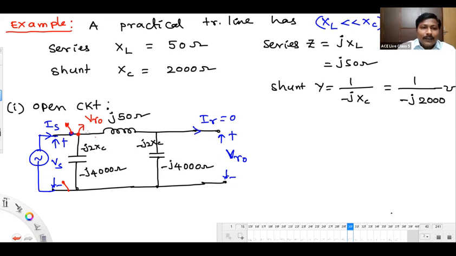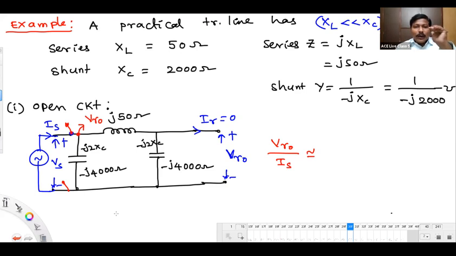Next thing. Listen, please. What is VR0 by IS approximately? That's what you are saying now, the voltage to current ratio. What is that? Tell me please.